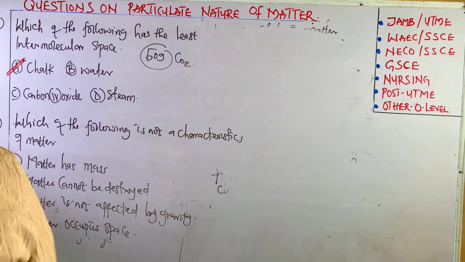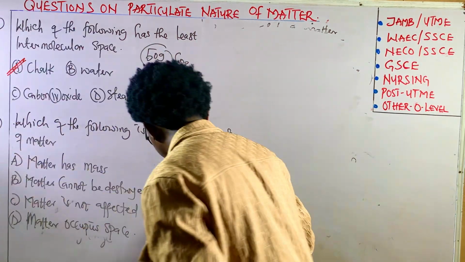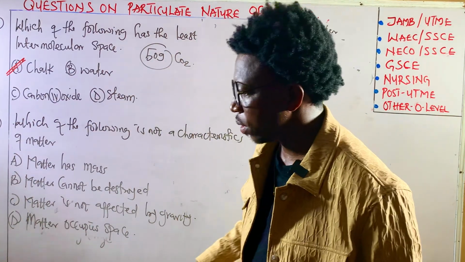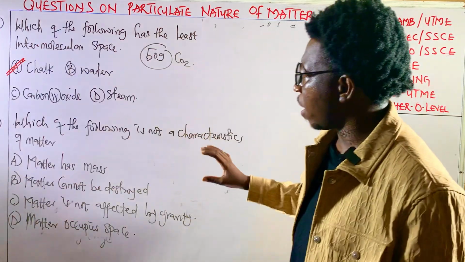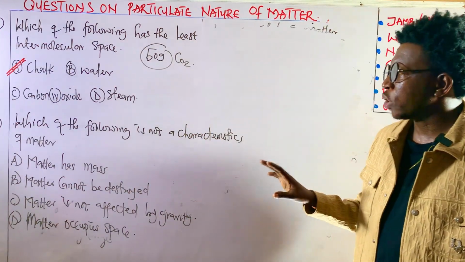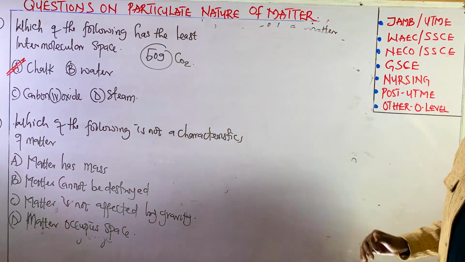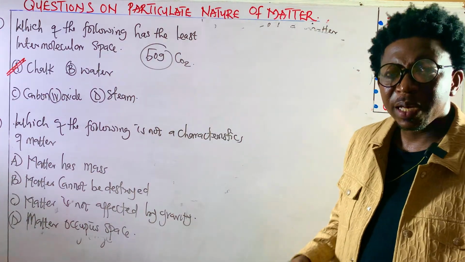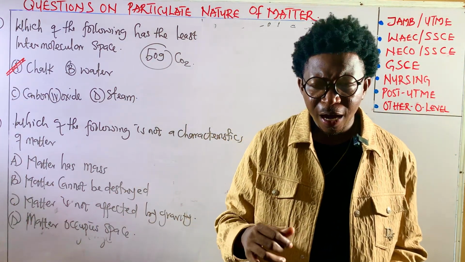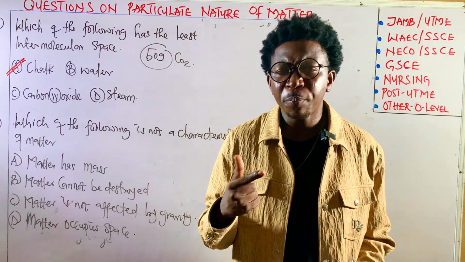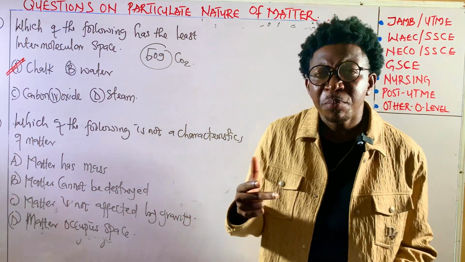All right. So we are going to answer this question now. Number 2, which of the following is not a characteristic of matter? First of all, what's matter? Matter is anything that has mass, occupies space, and can be perceived.